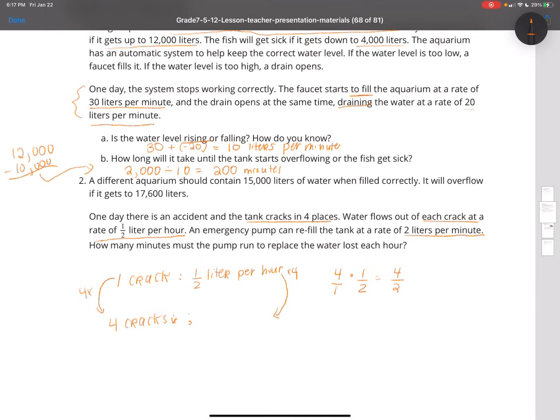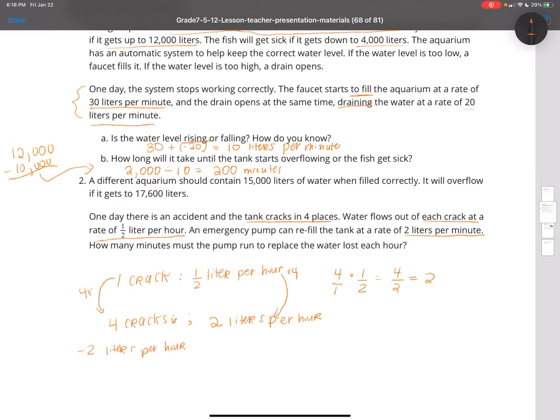Now I have 4 halves, or 4 divided by 2, which simplifies to 2. So it's 2 liters per hour. This is how much water it's losing, so this is actually going to be a negative 2 liters per hour.